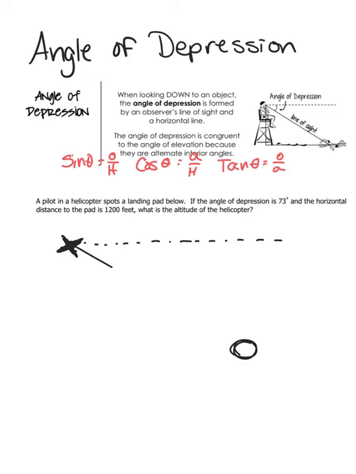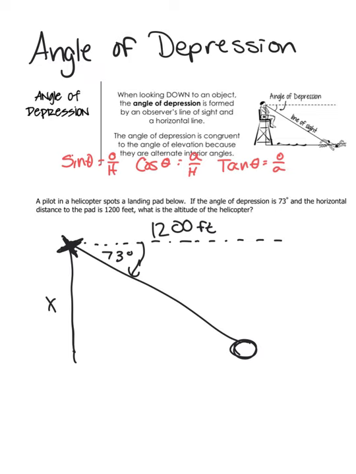The angle of depression means that it had to look down to see my landing pad. So this is a 73-degree angle. The horizontal distance to this landing pad is 1,200 feet. And I want to know what is the altitude. So how high up from the ground is my helicopter?